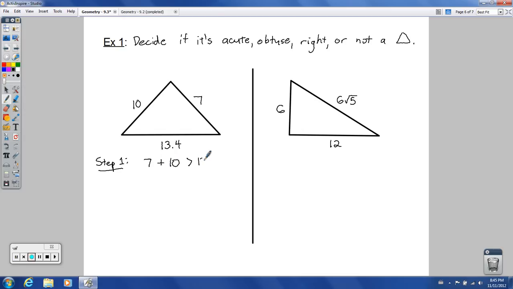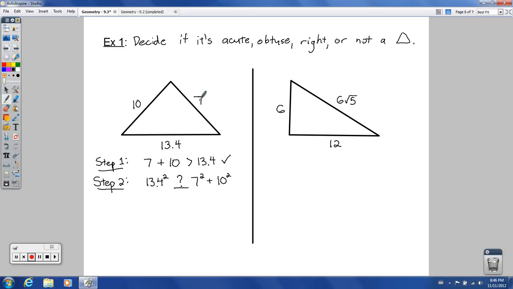If we add 7 plus 10, we get 17, and that is greater than 13.4. So I'll put a little check mark there. We know we're good to go there. We actually have a legitimate triangle. And so now we need to check c squared compared to a squared plus b squared. So check 13.4 squared, compare it to, put a blank with a question mark, we don't know yet, compare it to a squared plus b squared.